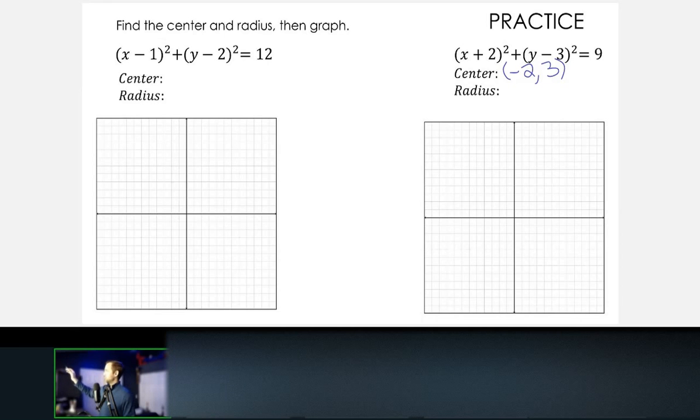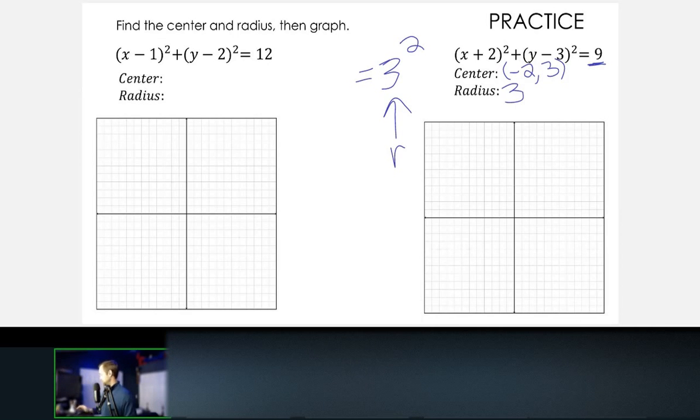It is r squared. So whatever number is at what it equals to, you have to square root it. And the square root of 9 gives you 3. And we know that 3 squared is 9. So that is your r value. That's your radius. So I didn't trick anybody in this class.